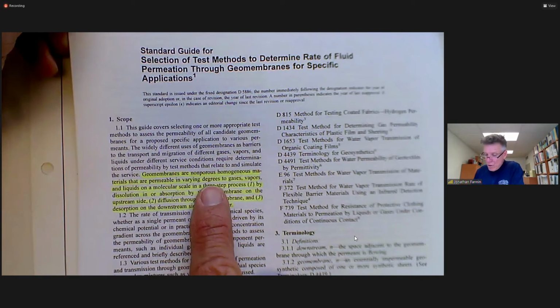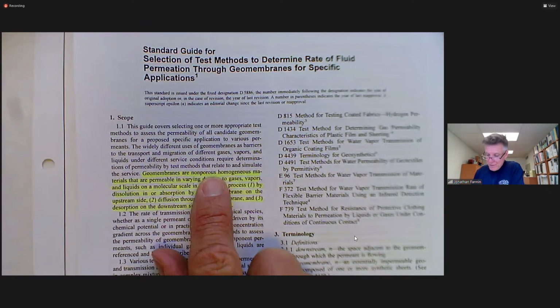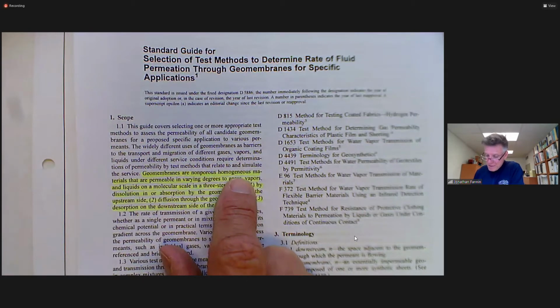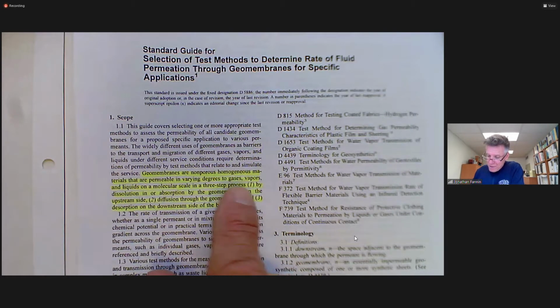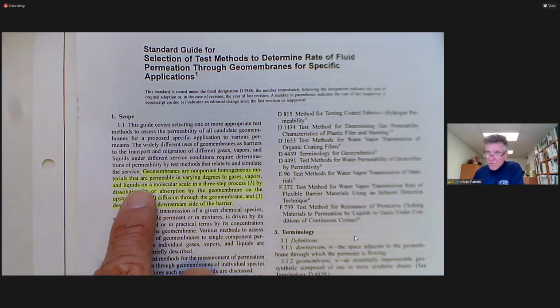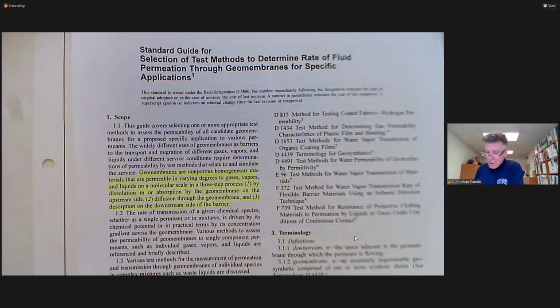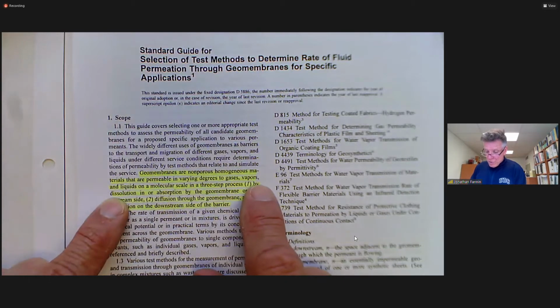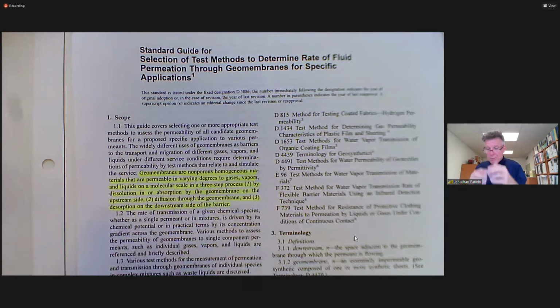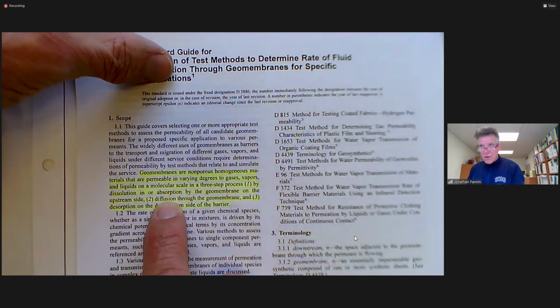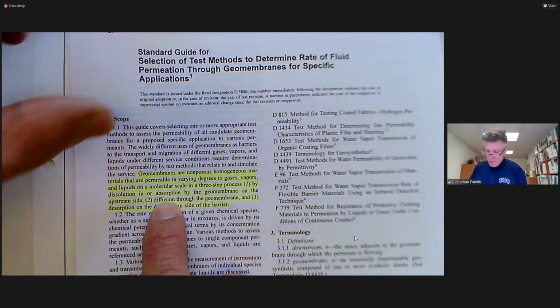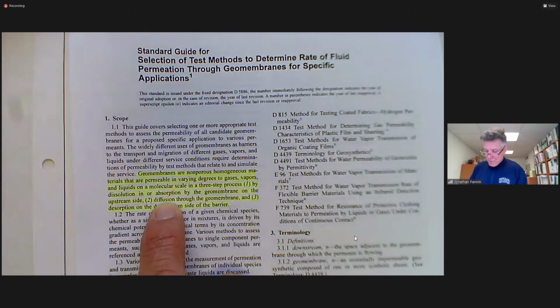Geomembranes are non-porous homogeneous materials, and in the words of ASTM, thus the nature of the flow across the plane of the geomembrane, we've got absorption or dissolution on the upstream side. We've got diffusion. It's a diffusive process. It's not advective flow. It's diffusive flow.